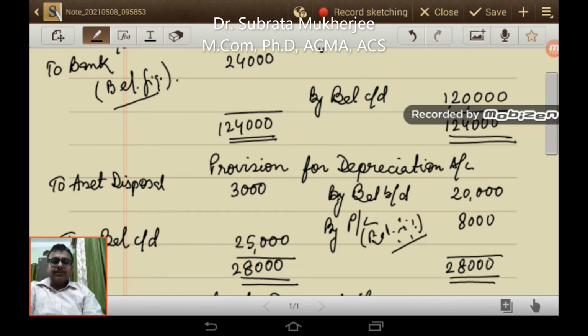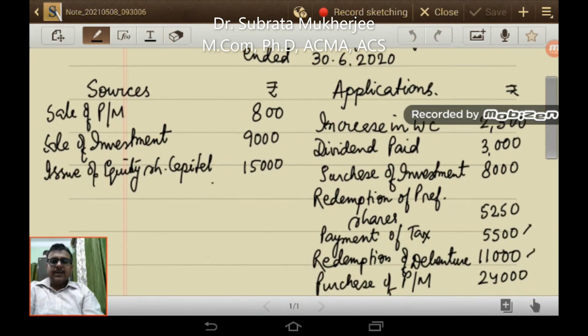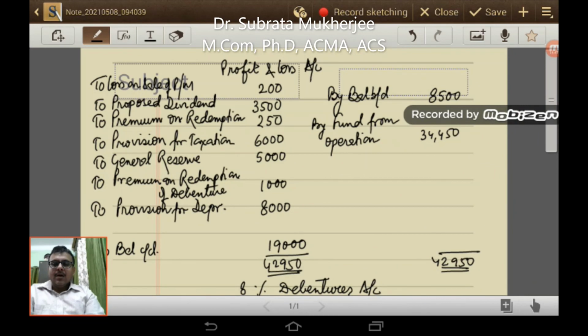So PL account debit to provision for depreciation 8,000. In the fund flow statement, I have written the purchase of plant and machinery for rupees 24,000. In profit and loss account, I have written the provision for depreciation for rupees 8,000.